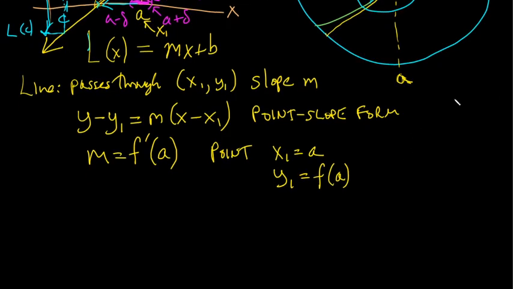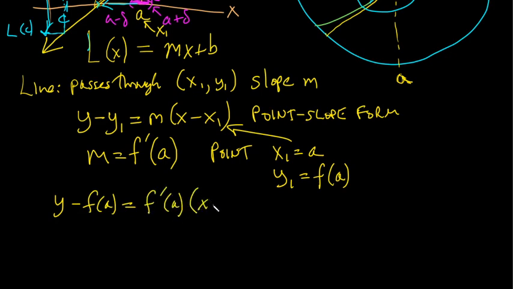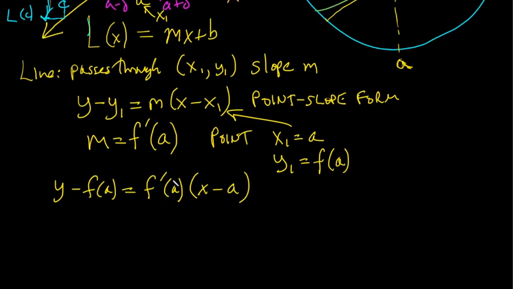So plugging all this into the point slope form, I get that y minus y1, which is f of a, is equal to m, which is f prime of a, times x minus x1, but remember x1 is a. And now if I want to write it in y equals mx plus b form, I just have to add f of a to both sides.